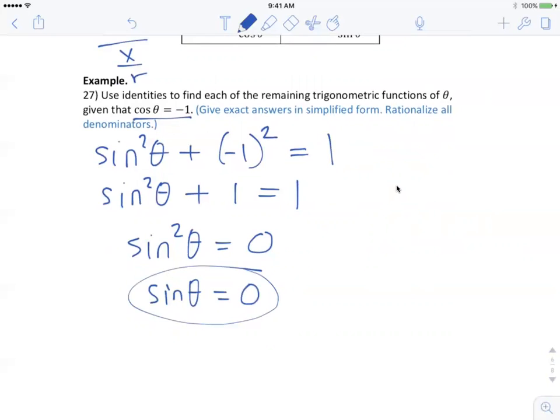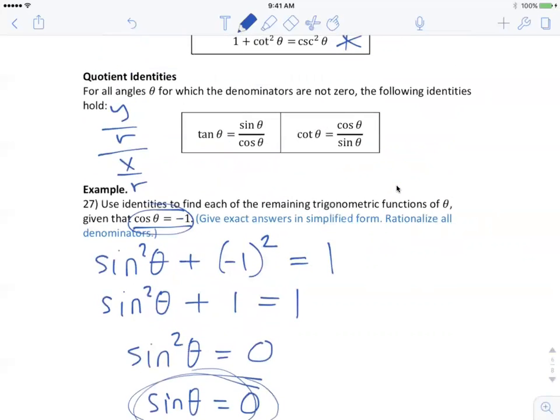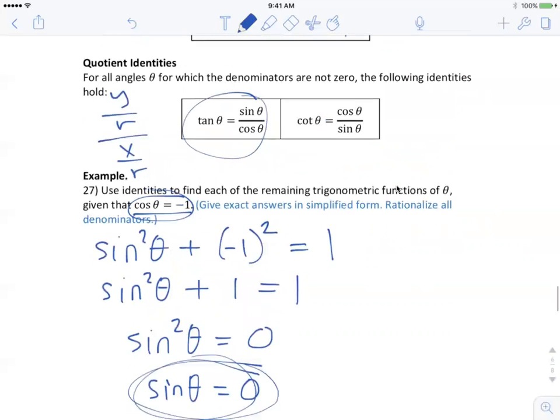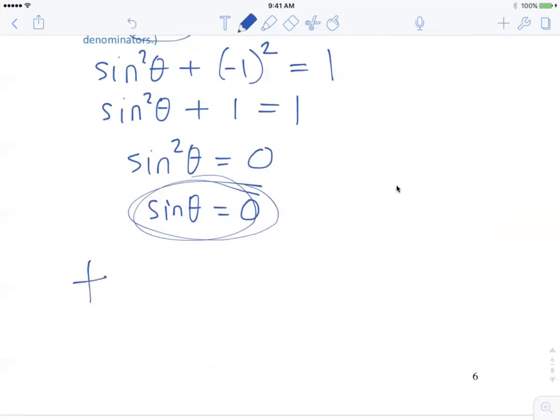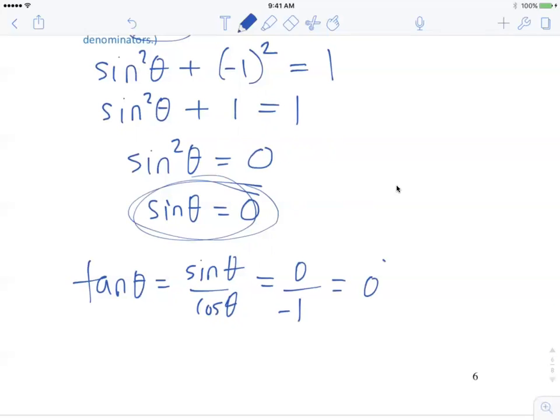Once you know both sine and cosine, right? So we know cosine is -1 and sine is 0. Well, then we can use this to get tangent, right? So tangent theta is sine over cosine, which is 0 over -1, which is 0.